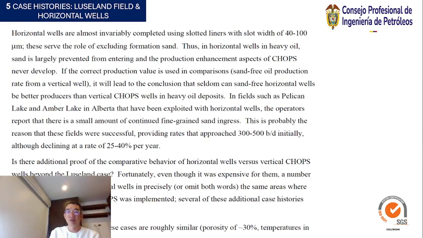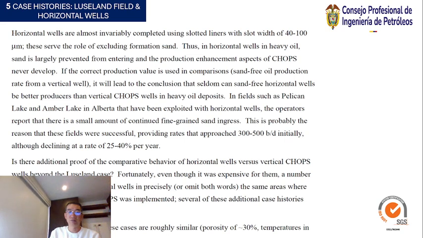This is probably the reason that this field was successful, providing rates that approach 300 to 500 barrels per day initially, although declining at a rate of 25 to 40% per year.